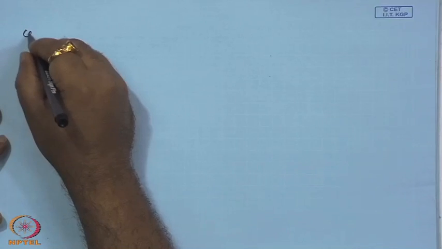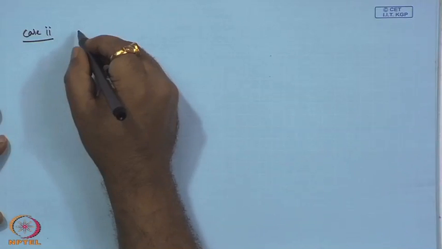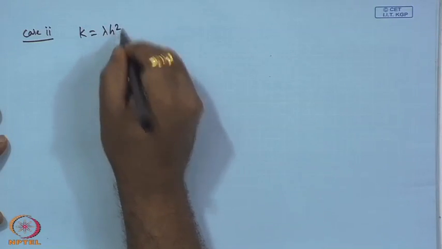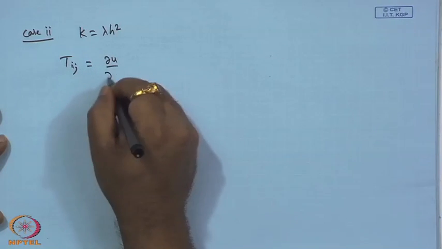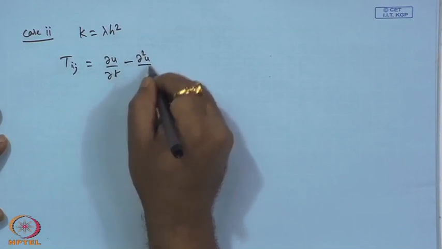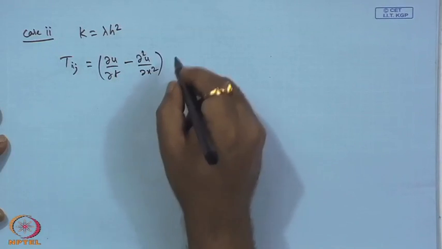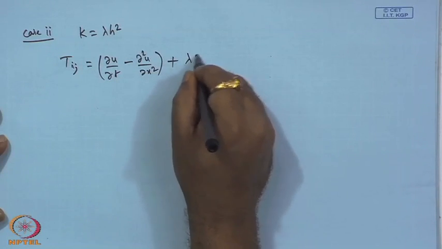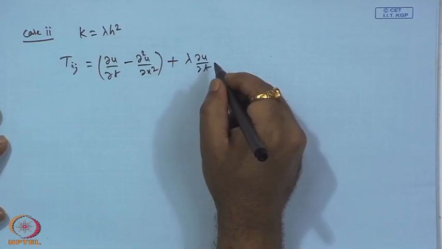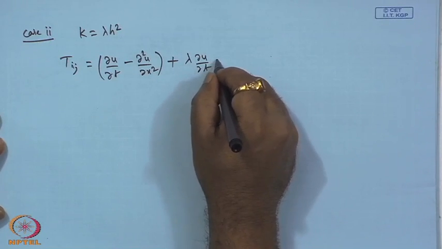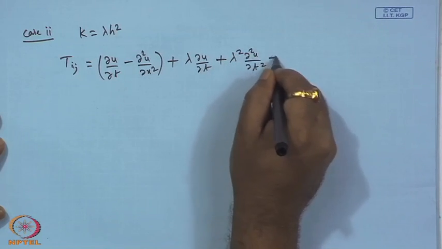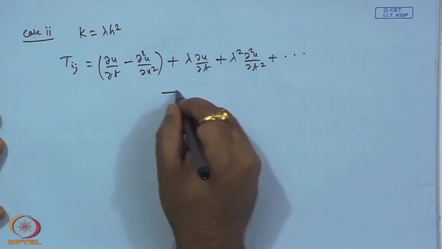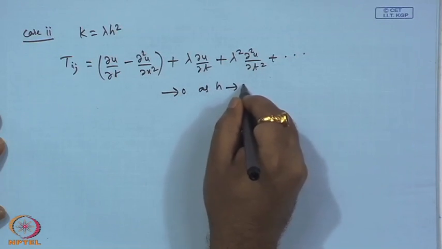Okay. Suppose case 2, k is lambda h square, then T i j, so this goes to 0 as h goes to 0.